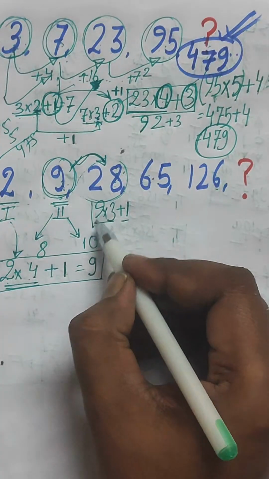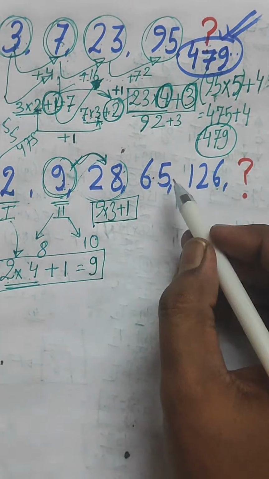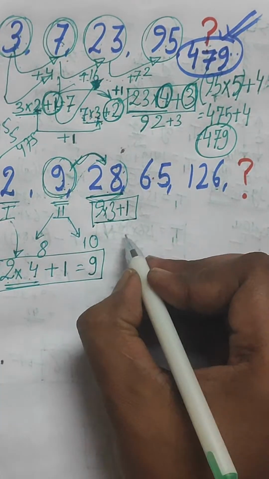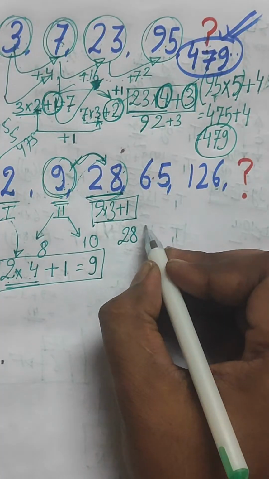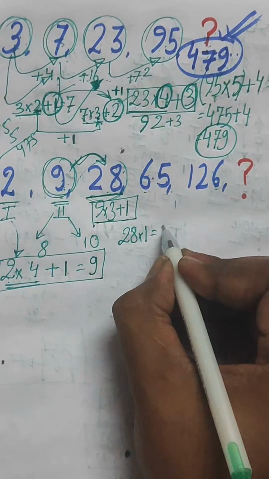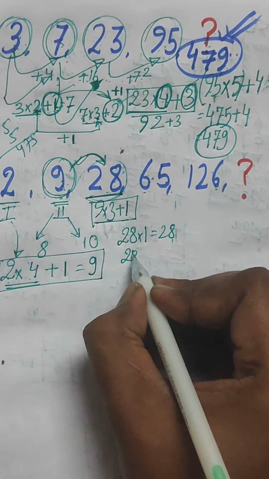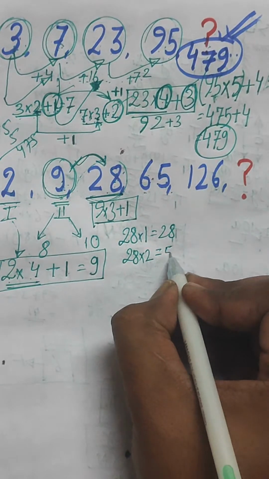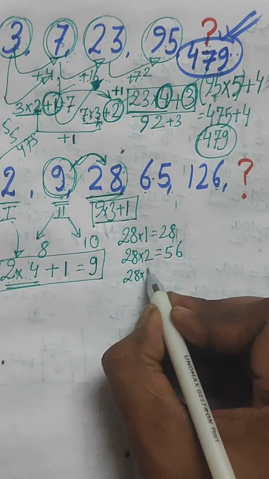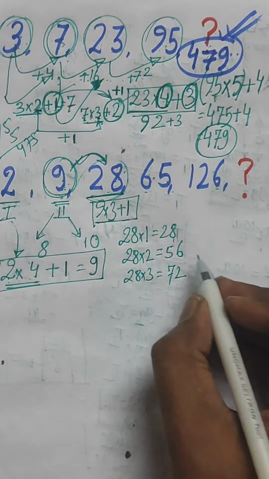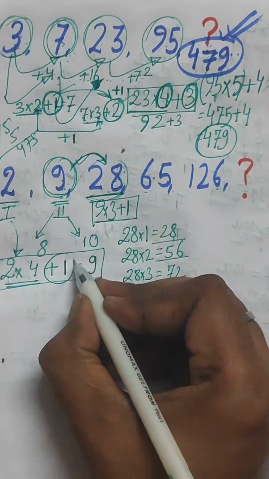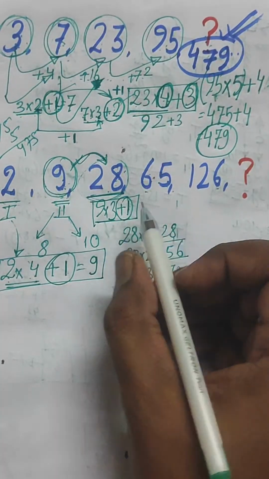So till 2 points we have checked only. Okay, these are valid. Now for the fourth one, just use the base as 28, the third number. So from 28, into the table of 28, nearby 65, what is coming? 28 into 1 is 28, and 28 into 2 will be 56, and 28 into 3 will be 84.